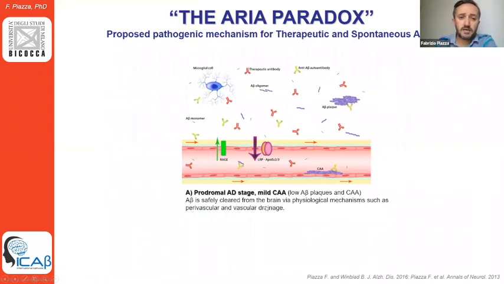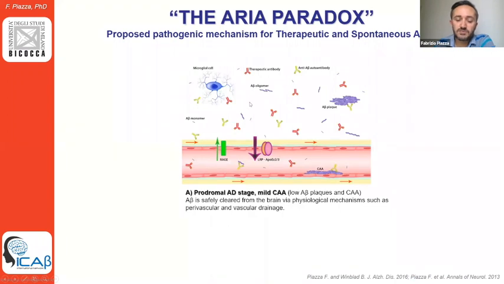And to conclude, here is the ARIA paradox etiologic mechanism that we propose, based on the findings that we collected in the last 10 years. If you treat an AD patient at the very prodromal stage, where you have mild CAA, both the spontaneous antibody and the therapeutic antibody can safely remove beta amyloid.